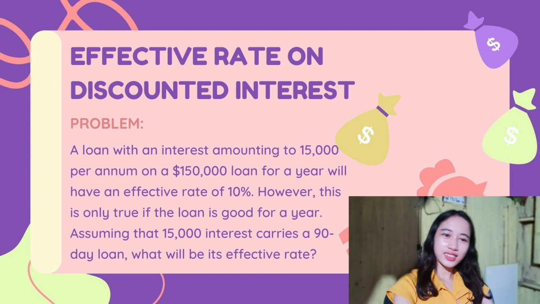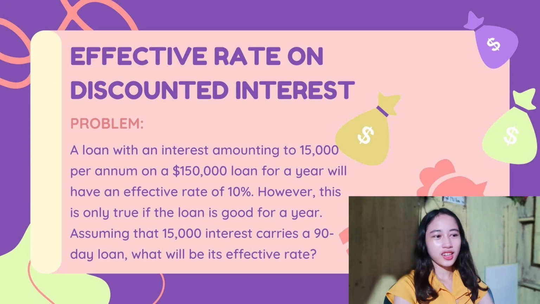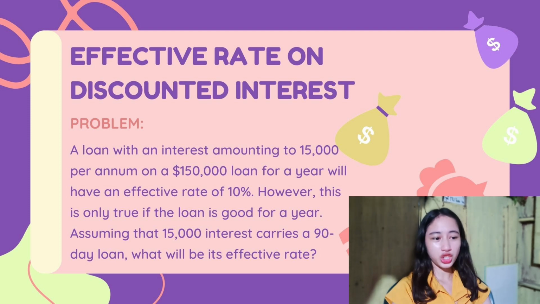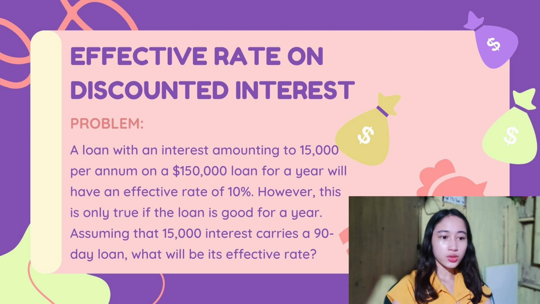So let's discuss the effective rate on discounted interest. If the discounted loan is to be applied in getting the effective interest rate, we still use the same formula as in the previous slide, except that the interest is deducted immediately from the principal. Using the same example, let's read it.